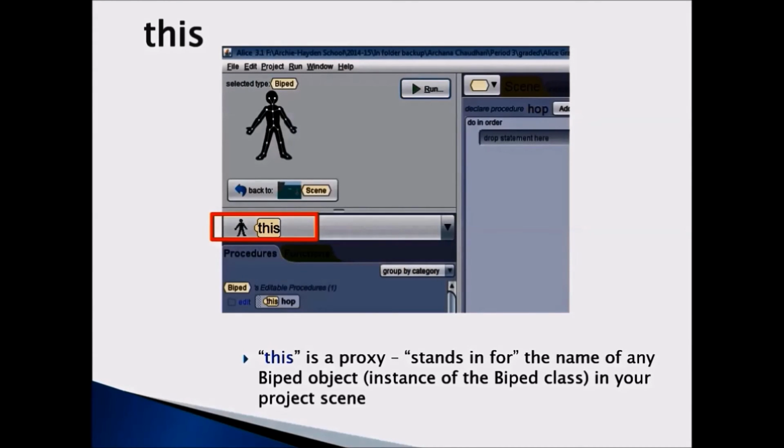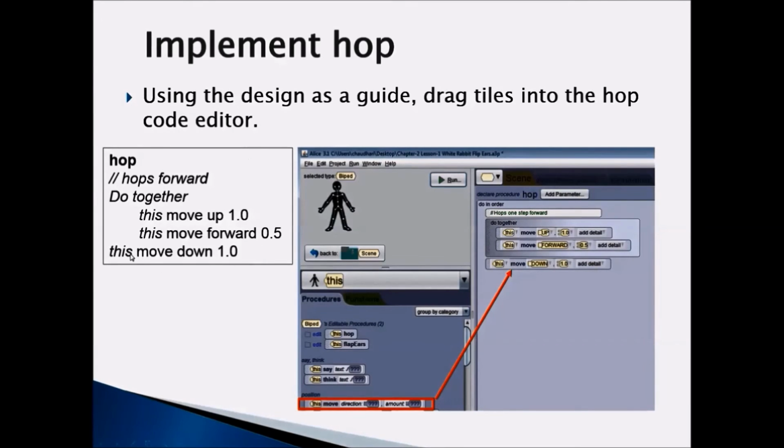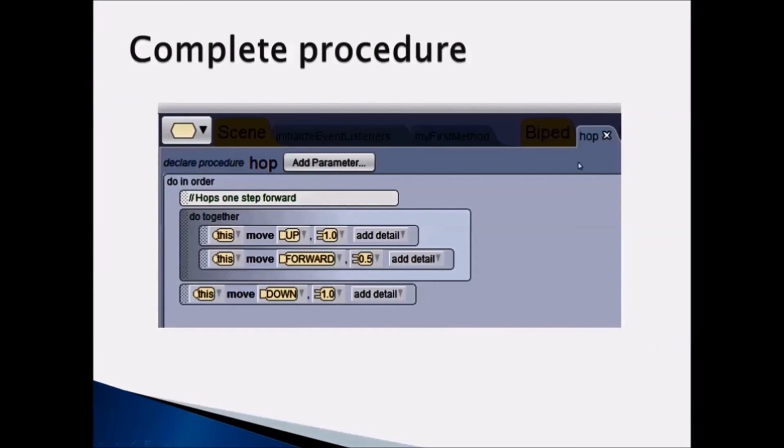This could refer to white rabbit, bunny, or snowman. Implement hop. Now we have created a hop procedure, we commented it in here. Taking this design into consideration, we are going to write our code into our editor area to make the white rabbit hop. This is how a complete hop procedure would look like.